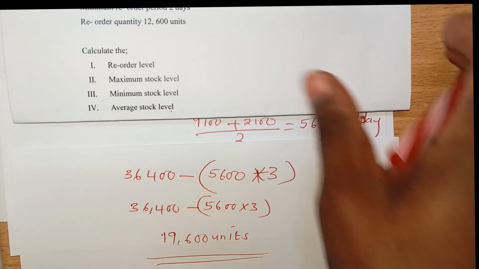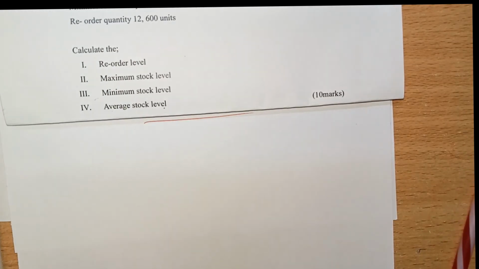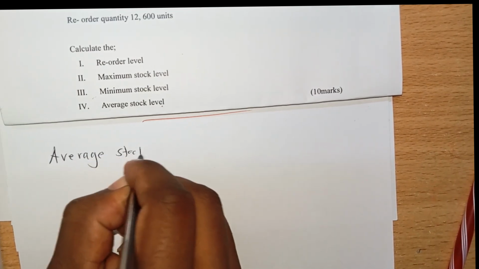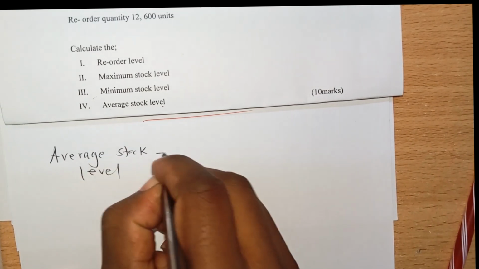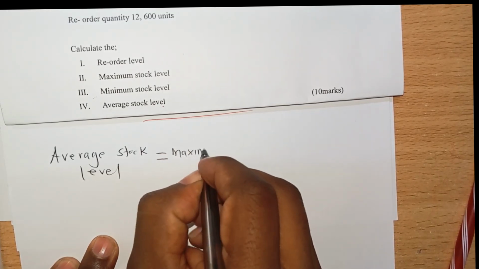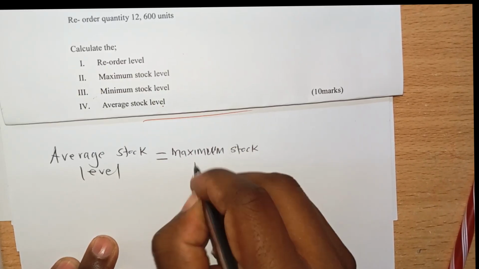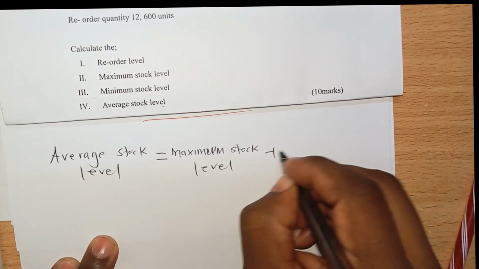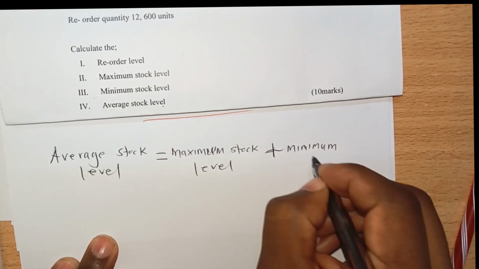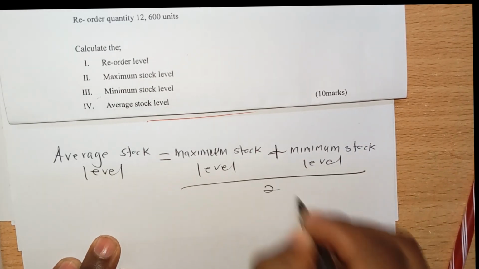Average stock level is given by maximum stock level, you add minimum stock level, then you divide by 2.